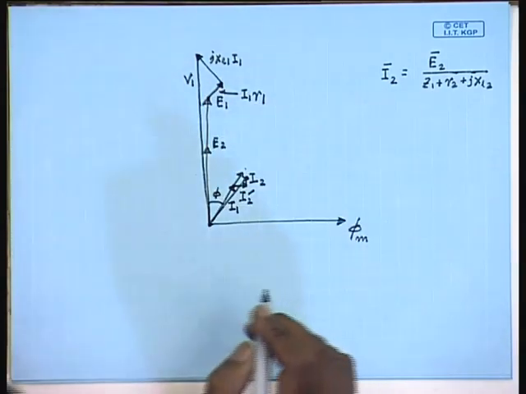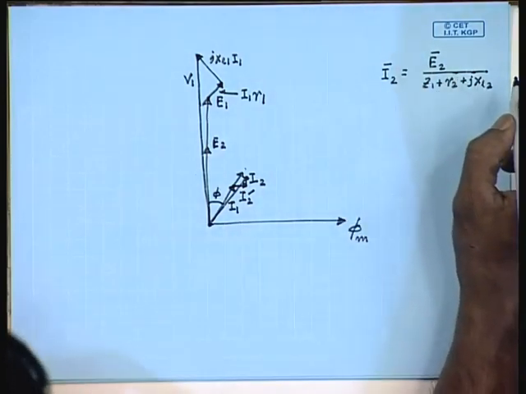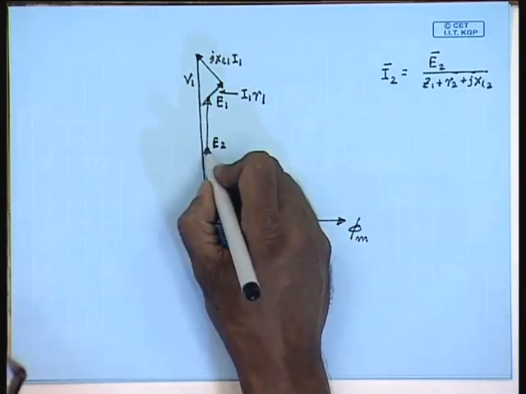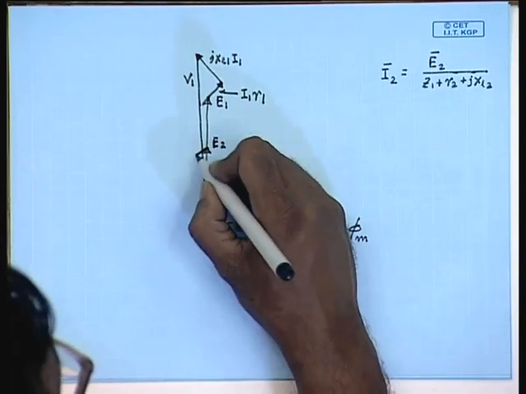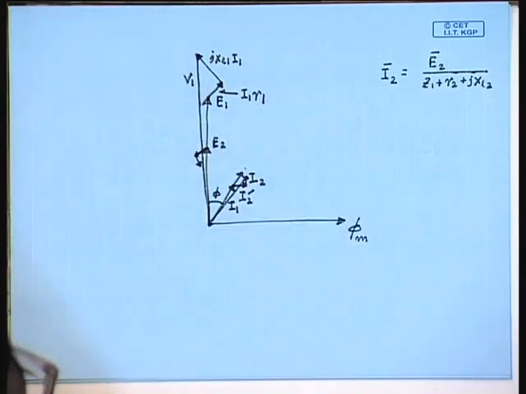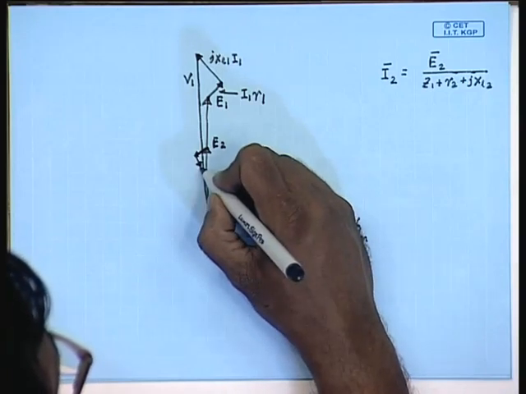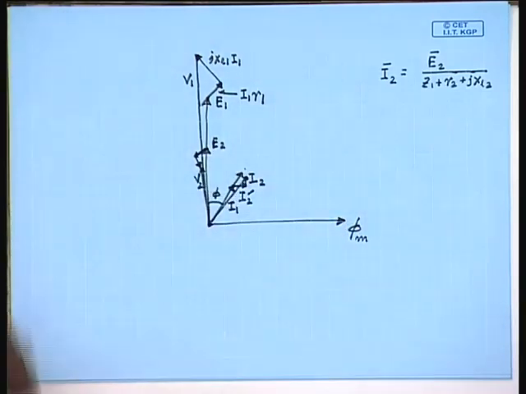Similarly, phasor V2 can be obtained from the second equation: it is E2 minus I2 R2 minus j XL2 I2, which can be used for solving any problem related to single phase transformer.